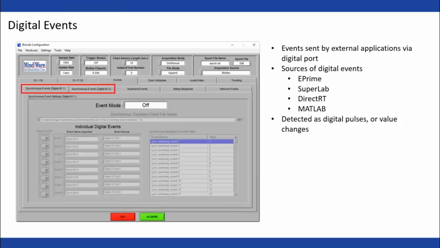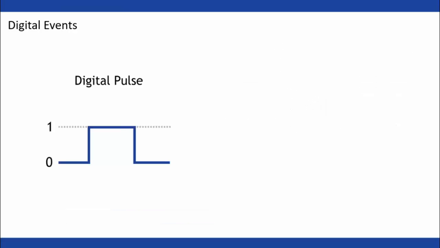What we're doing when we're detecting digital events is we're looking for pulses or value changes at the port. And what I mean by that is a digital line, which a digital port consists of multiple digital lines, can only have really two values. It's either on or off.